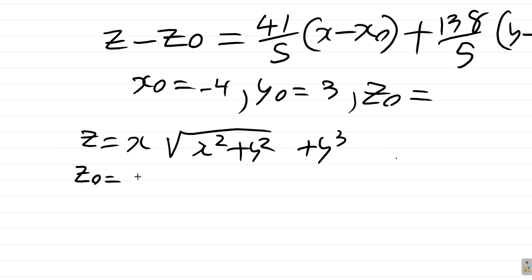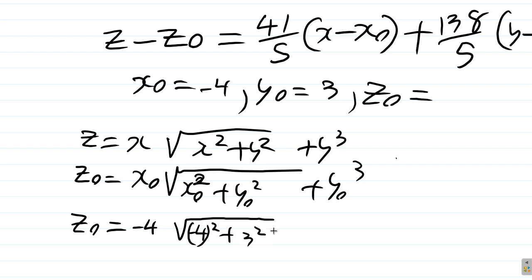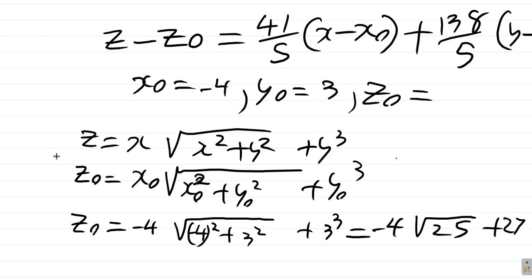So z naught is equal to x naught times the square root of x naught squared plus y naught squared plus y naught cubed. So z naught equals negative 4 times the square root of negative 4 squared plus 3 squared, plus 3 cubed. So it's negative 4 times the square root of 4 times 4 is 16 plus 3 times 3 is 9, 16 and 9 is 25, plus 3 times 3 is 9, 9 times 3 is 27.